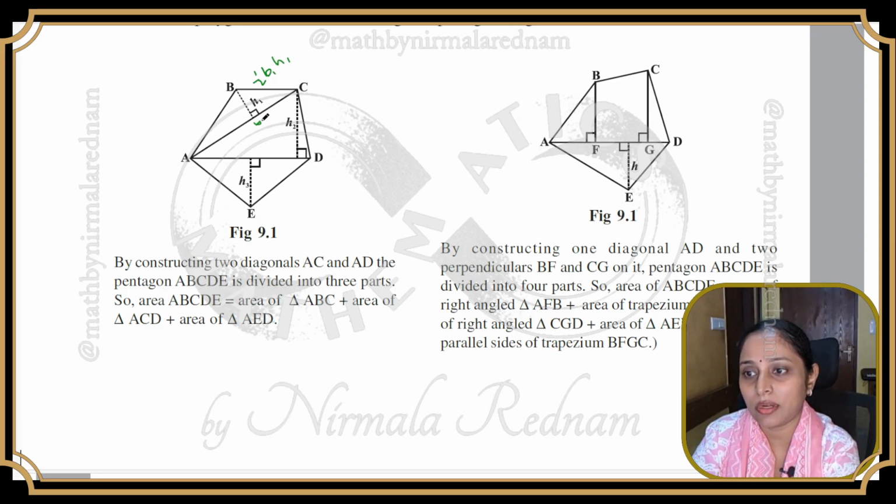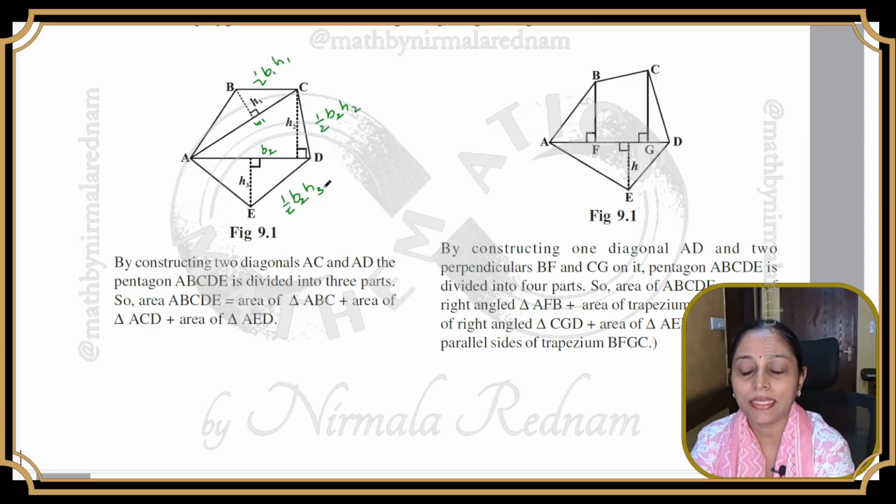And then there's one more triangle ACD. Now this is H2. If AD is B2, suppose AD is given to us, then this triangle is going to be half B2 H2. And then triangle AED is going to be half B2, same base, so it's going to be half B2 H3. Now I add these three together, I will get the area of the polygon.